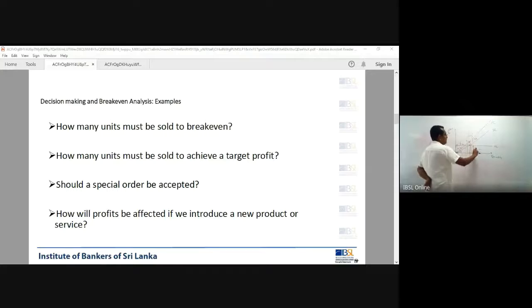This is the loss we have, right? So when you are going towards this side, the number of units you sell increases. Gradually your loss started coming down.